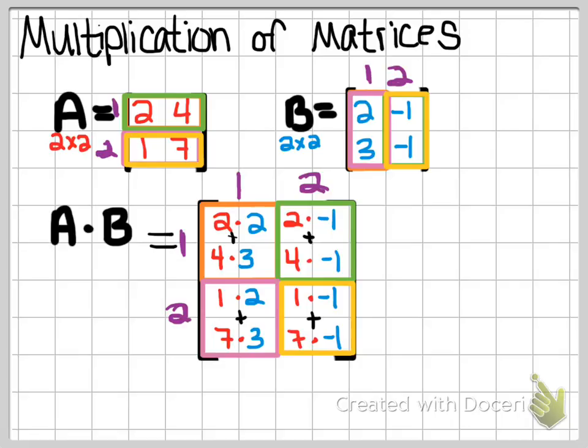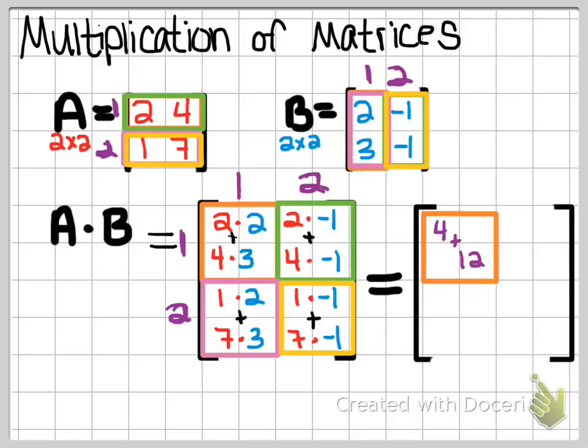So, looking forward with this simplification, I can see that 2 times 2 is 4, which is going to be increased by 12. That becomes 16. So I can see my orange element, or element 1, 1, is 16.